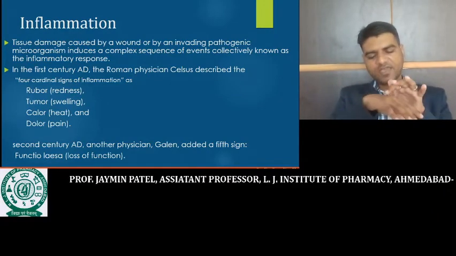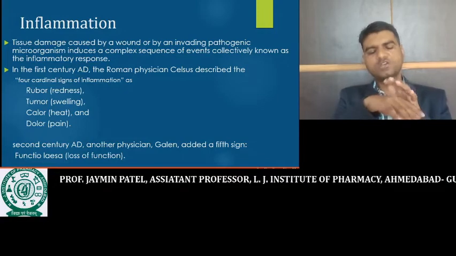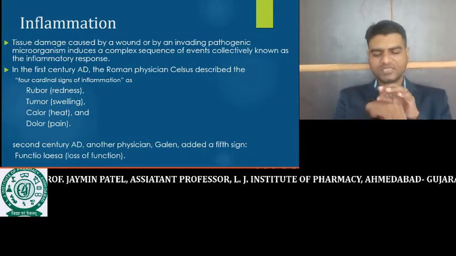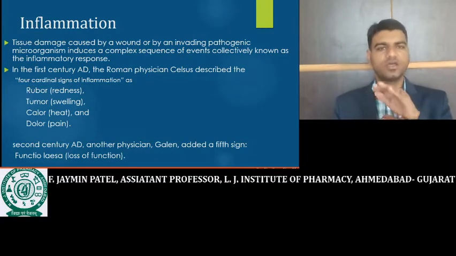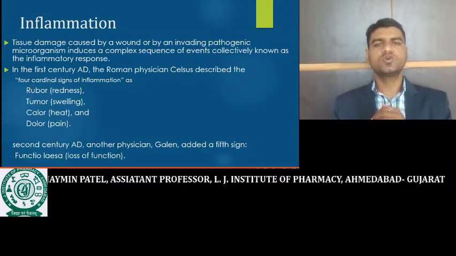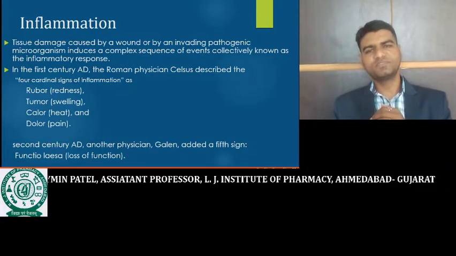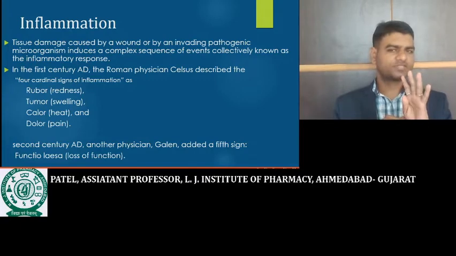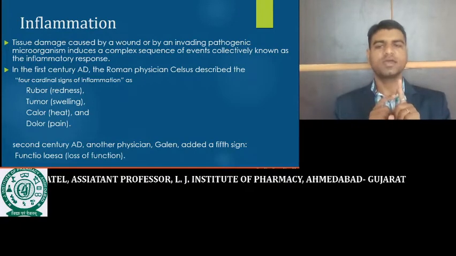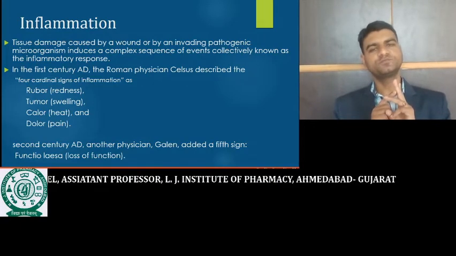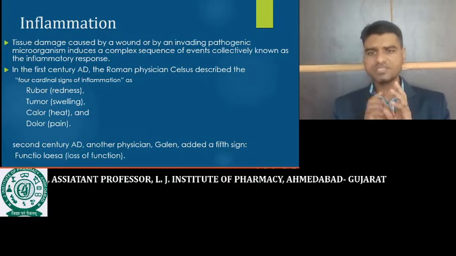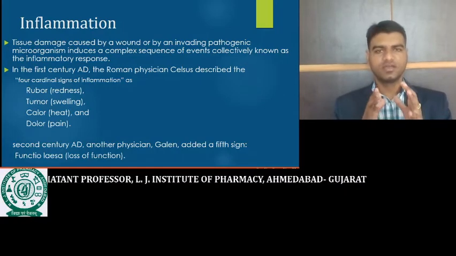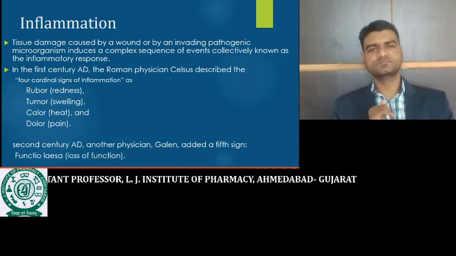Where the injury occurs and inflammation occurs, that part will lose its activities; the functional activity of those cells is diminished. So this is the fifth sign. Inflammation is explained by the signs rubor, tumor, calor, dolor, and functio laesa. How all these symptoms arise, we will see in the mechanism of inflammation.